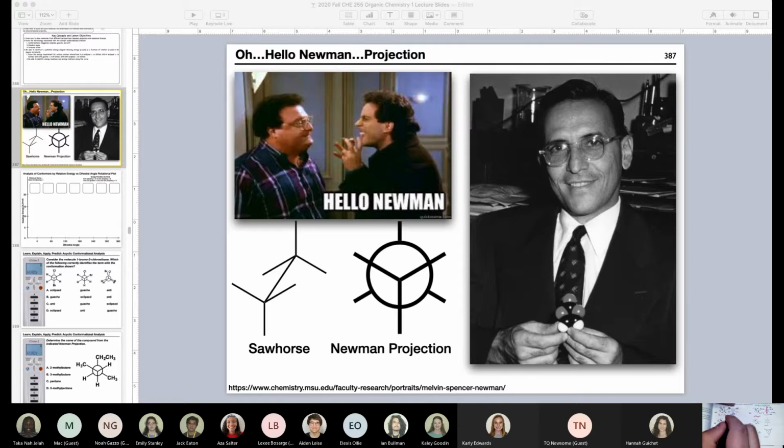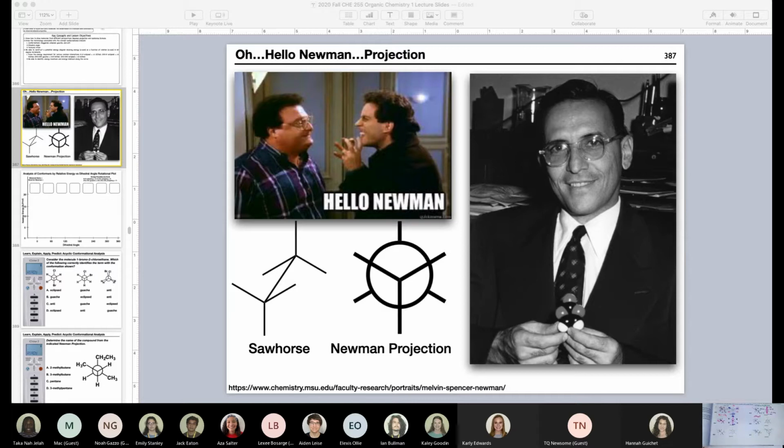The H projected behind is here. So now when you're looking down this axis, what goes on top? So that's the methyl group, CH3. These things are the same, so they're both H's.